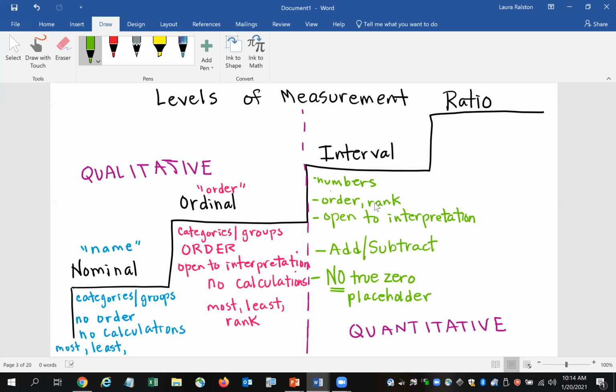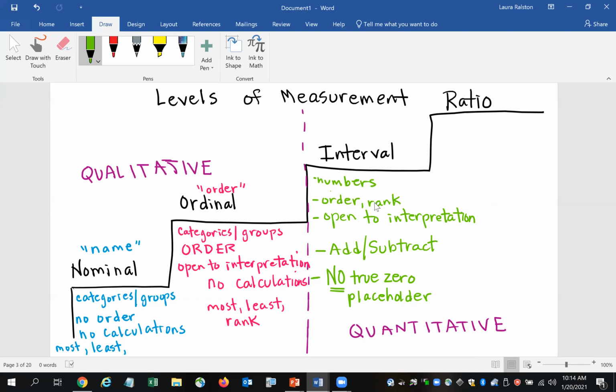For example, an easy example to relate to. If we were to say that it's 0 degrees Fahrenheit outside today, that does not mean there's no heat or no temperature. It simply means that it's really, really cold.